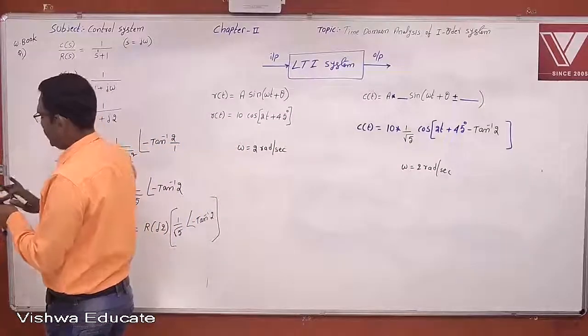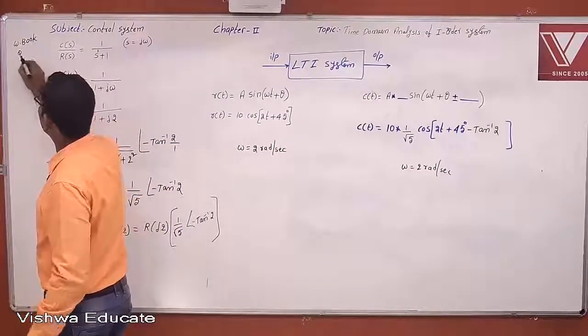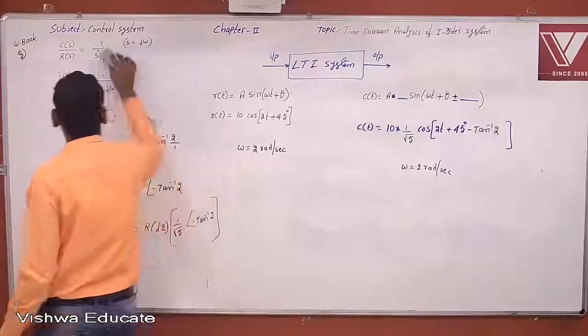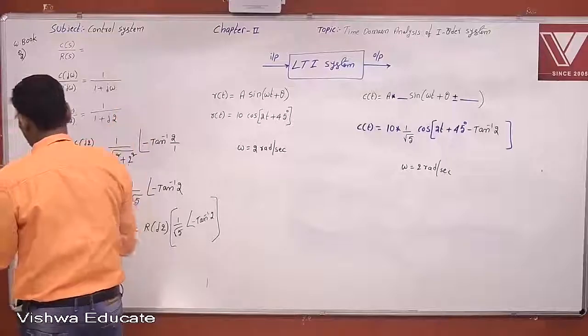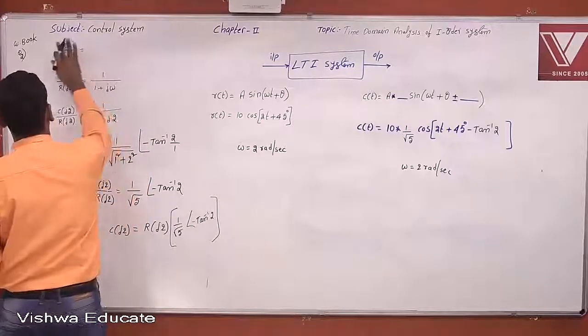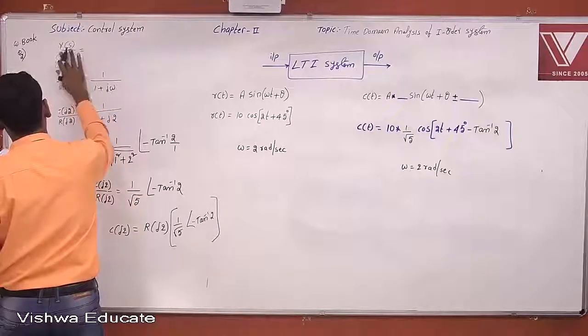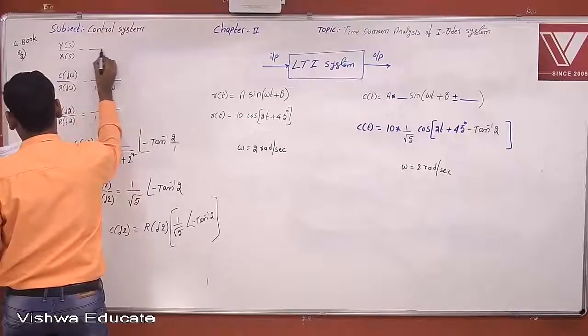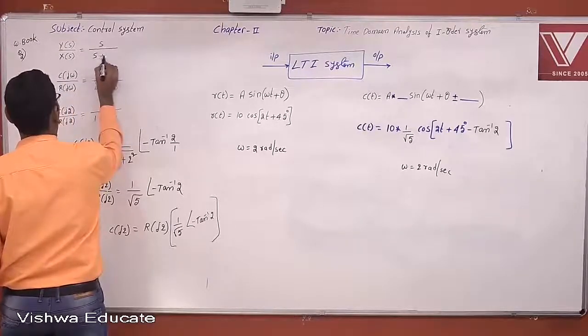Now question number 2. See, students, he is giving the transfer function Y of s by X of s, output Y of s, input X of s, which is given as s by s plus p.